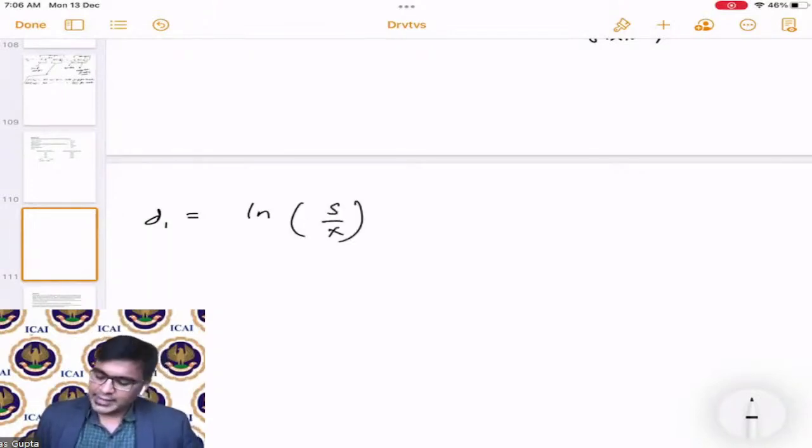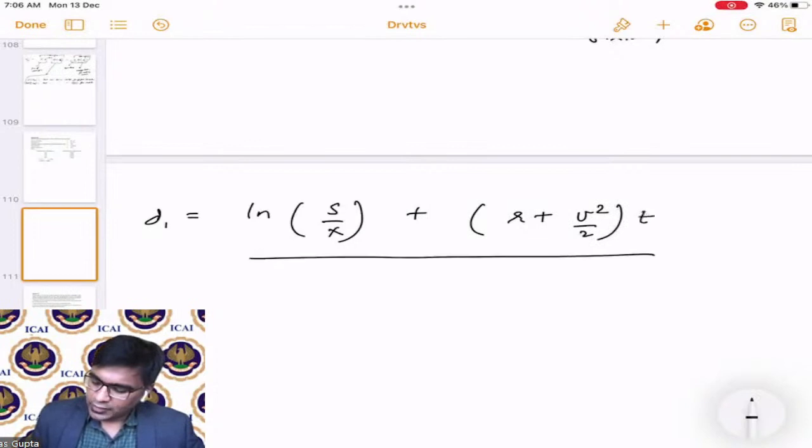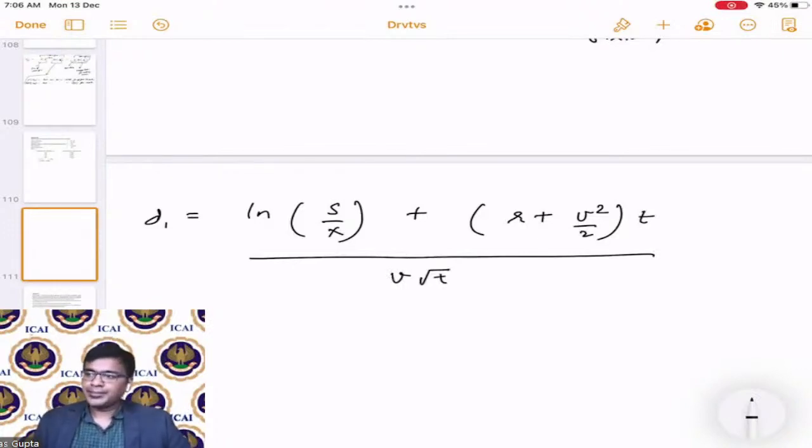D1 is the natural log of S by X, which is spot price by exercise price, plus R plus standard deviation square divided by 2, multiplied by T, this whole divided by standard deviation times root T, right? And D2 was D1 minus V under root T, correct?